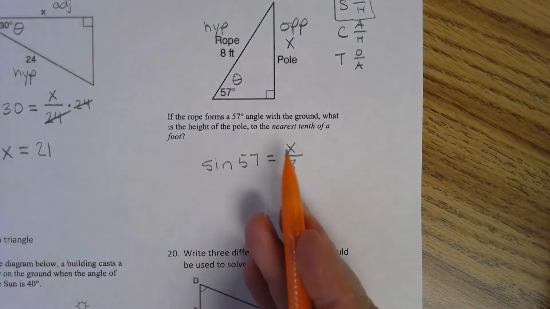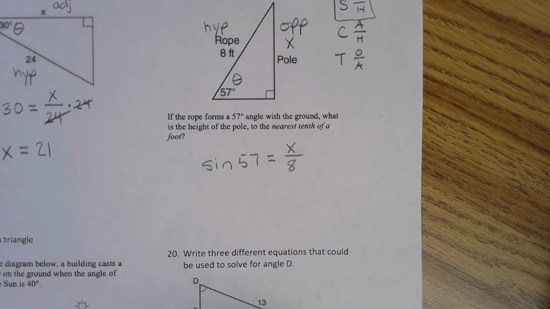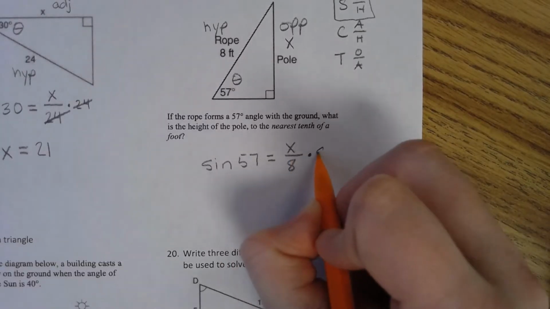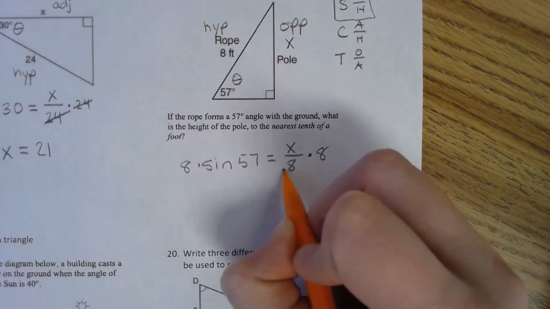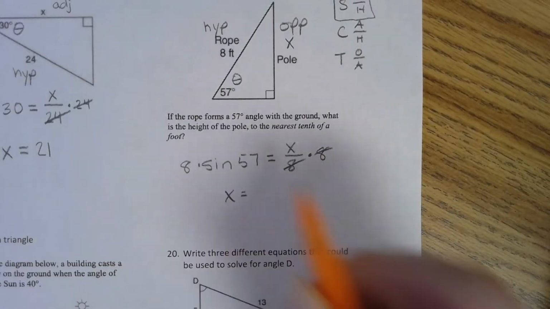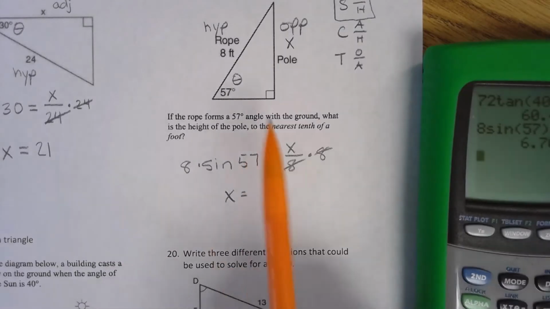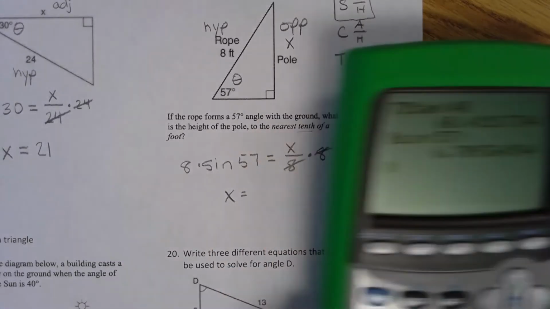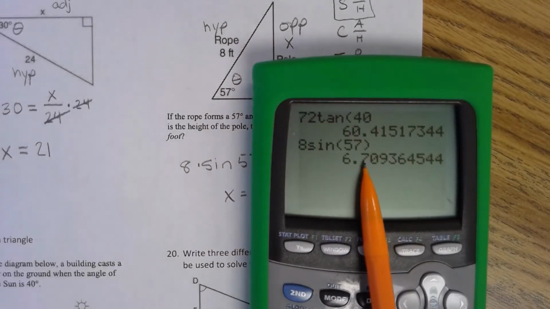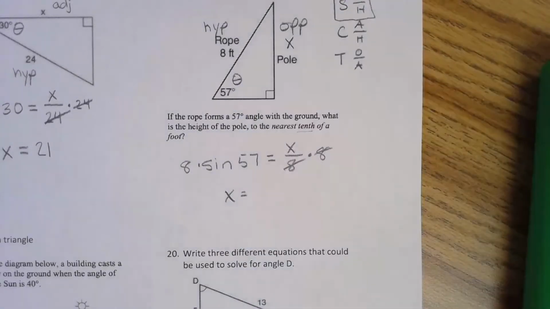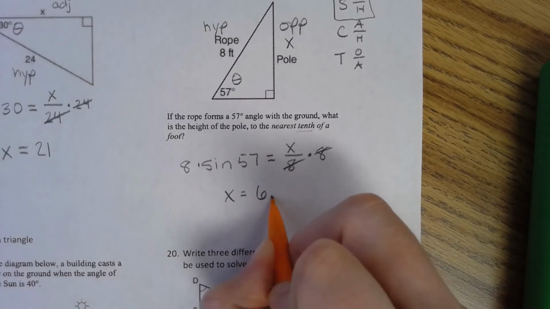Sine equals opposite over hypotenuse. And now we solve by multiplying by 8 on both sides. So x is going to give us 8 sine of 57, rounding to the nearest 1/10 of a foot this time. So the tenths is 1 decimal place, so 6.7 feet.